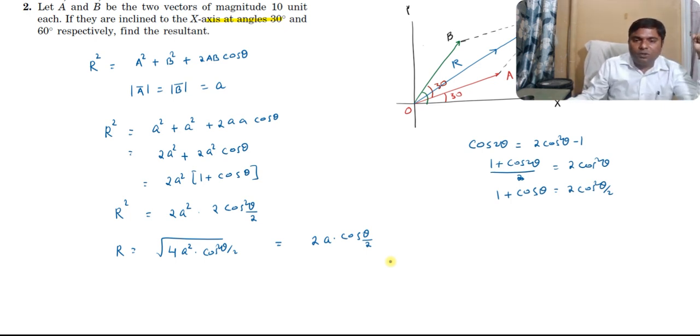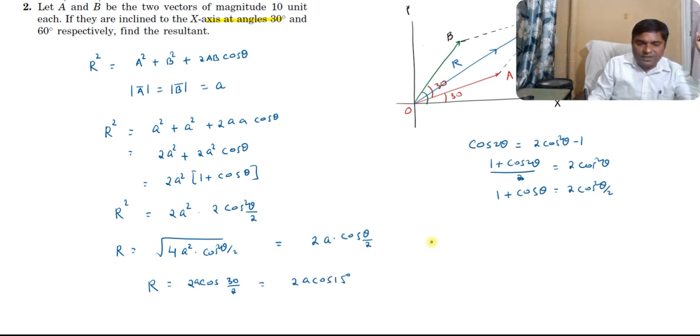Now if we put the value of theta, here theta is 30 degrees, so we have R equal to 2a cos 30 divided by 2, so 2a cos 15 degrees. The magnitude of a from the question is 10, so 2 multiplied by 10 cos 15 degrees. So this is equal to 20 cos 15 degrees. This is the resultant.